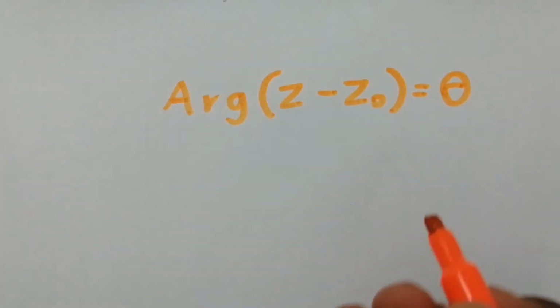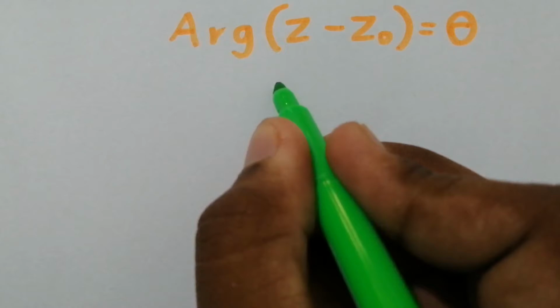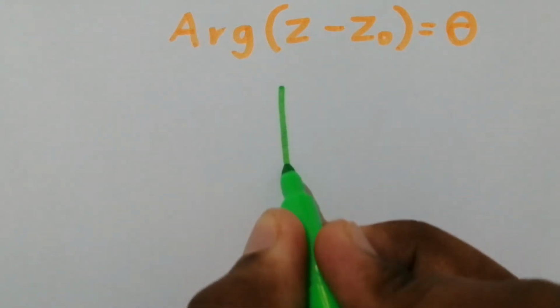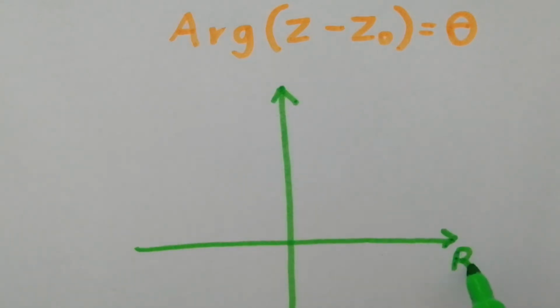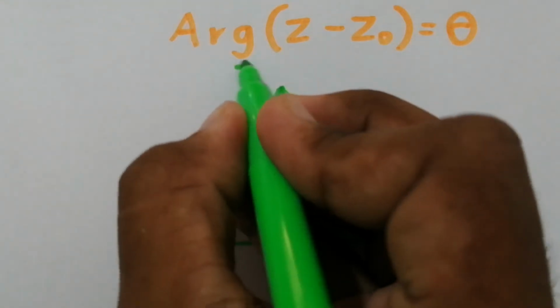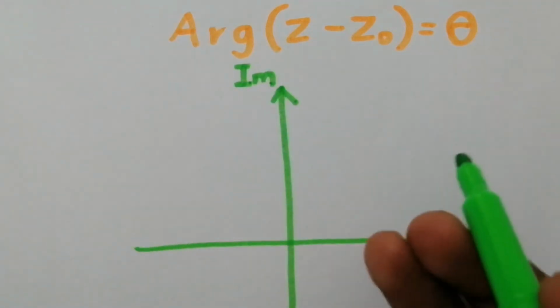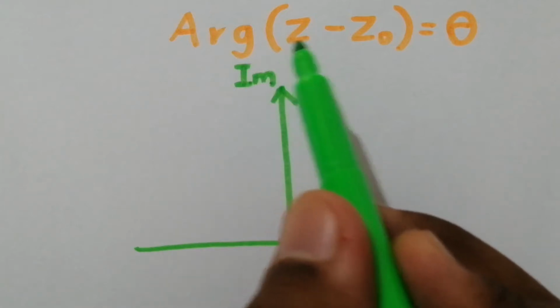And now let's see how to represent the path of the complex number z in an Argand diagram. I am drawing the real axis and the imaginary axis. You already know this is the real axis and this is the imaginary axis. Now I want to represent the path of the complex number z.